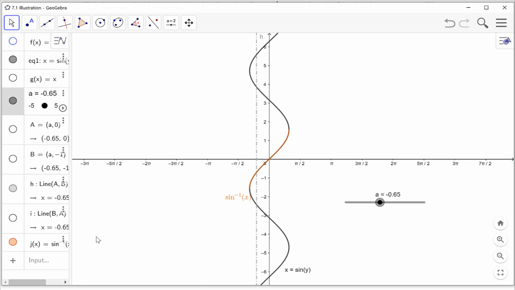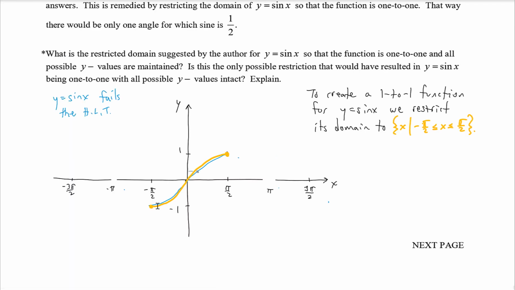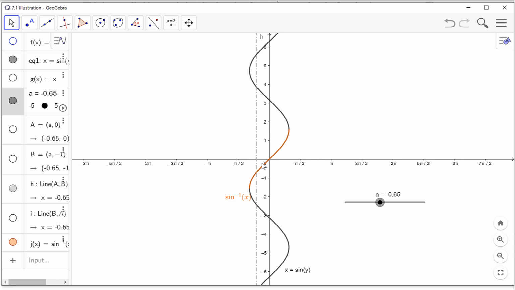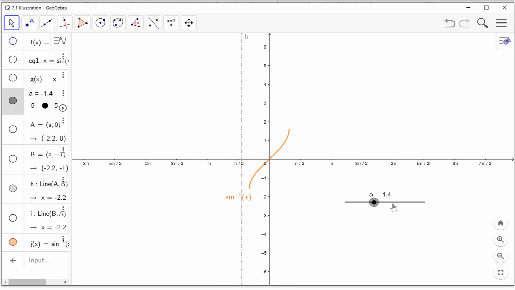Here's what we get if we only use the part that we had here, right? Here's my orange part, there it is. And if I flip that, here it is, right here. Let me get rid of the whole thing. There it is in all its glory. And now it passes the vertical line test. So it's a function.